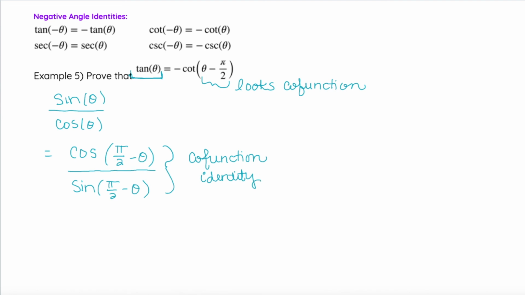Well, now that I have cosine over sine, I know that when I have cosine over sine, it doesn't matter what's on the inside as long as they're the same. That's using the cotangent identity.